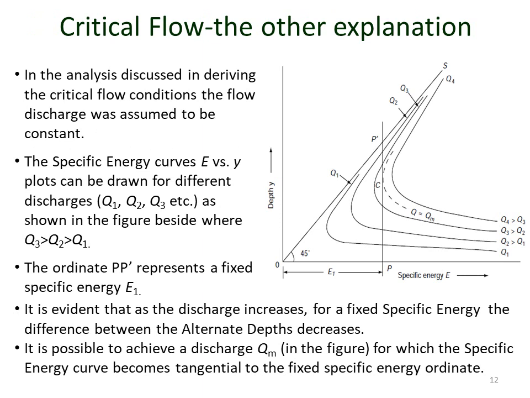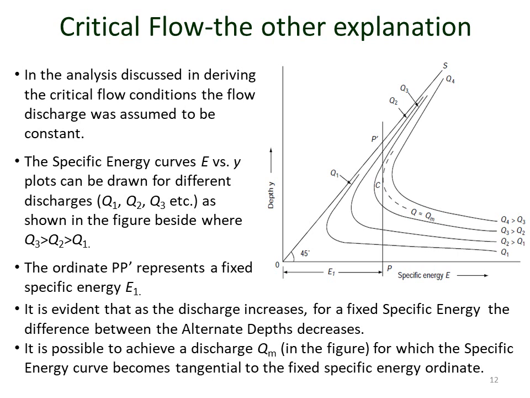Let's move on. In the discussion so far, one condition was applied: we discussed the specific energy in the context of a fixed flow discharge. So there was a single curve on the specific energy diagram, and that curve was for a given or fixed discharge.